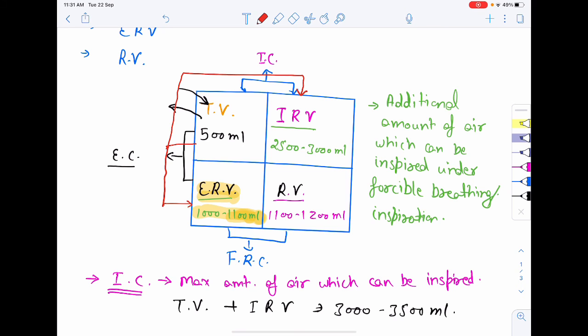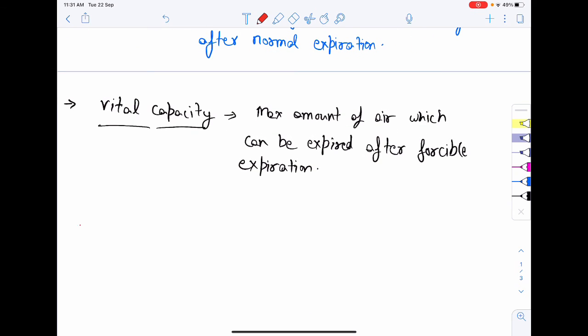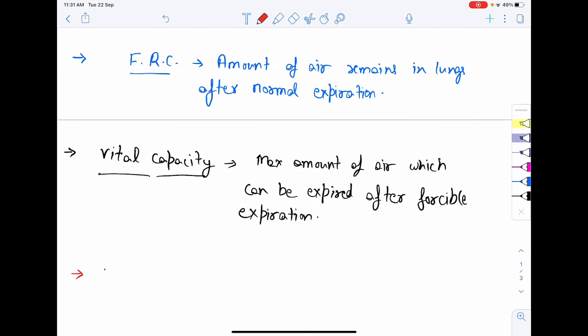So if we add these three, ERV, TV and IRV, it will become vital capacity. So vital capacity is ERV plus TV plus IRV. So we can count it easily.